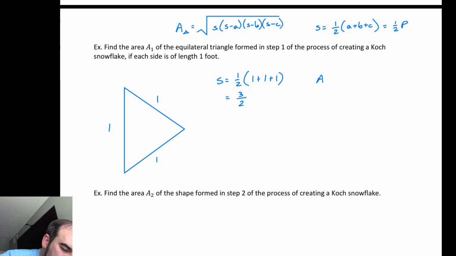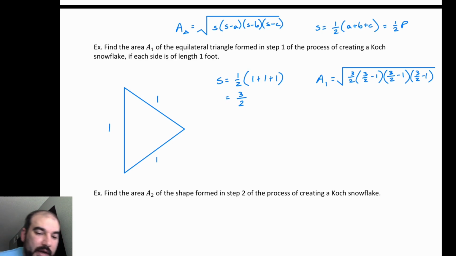And then the area of this is going to be the square root of 3 over 2, parentheses, 3 over 2 minus 1, 3 over 2 minus 1, and 3 over 2 minus 1 again, because all 3 sides are just 1.